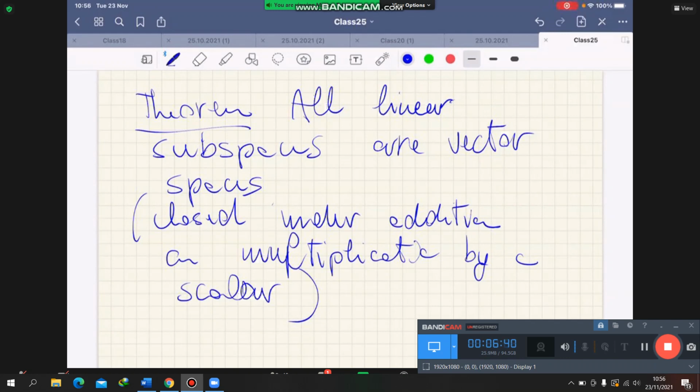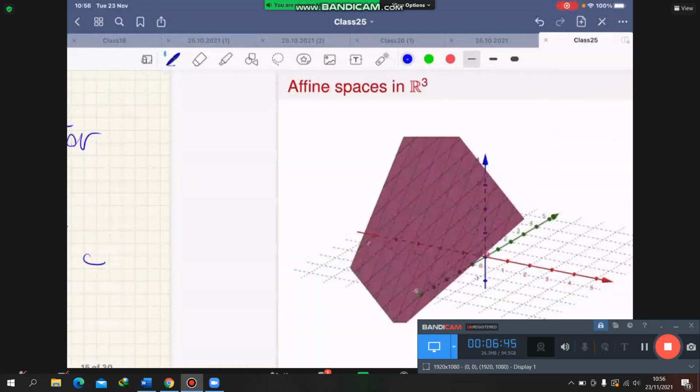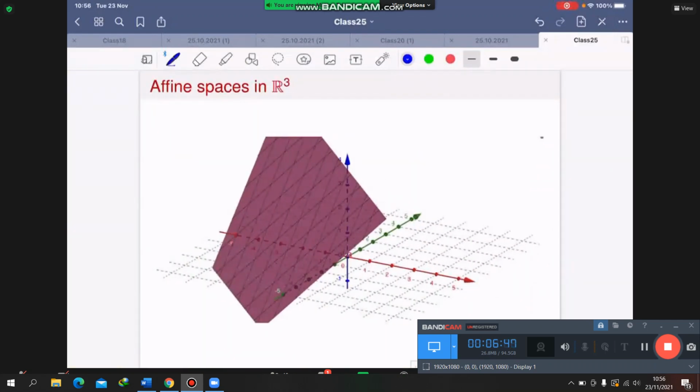But if you think geometrically, so this is a plane and it doesn't pass through the origin. It doesn't contain zero.